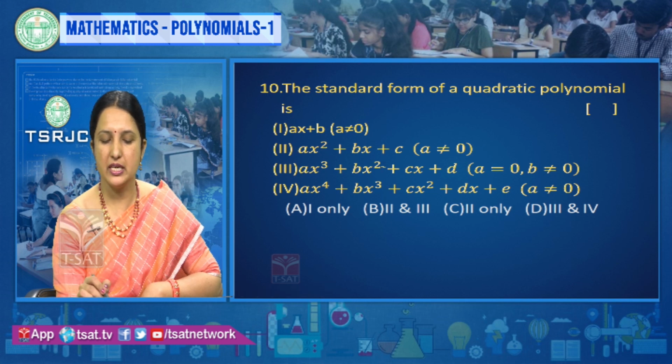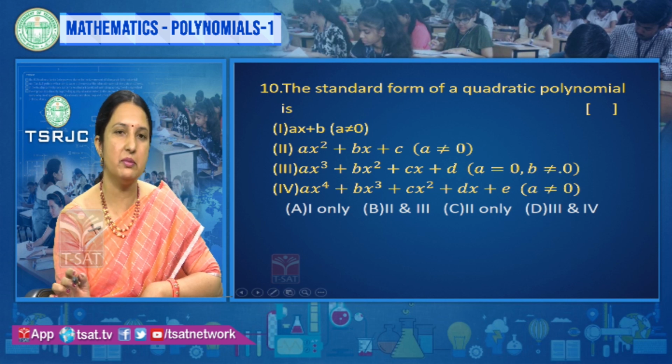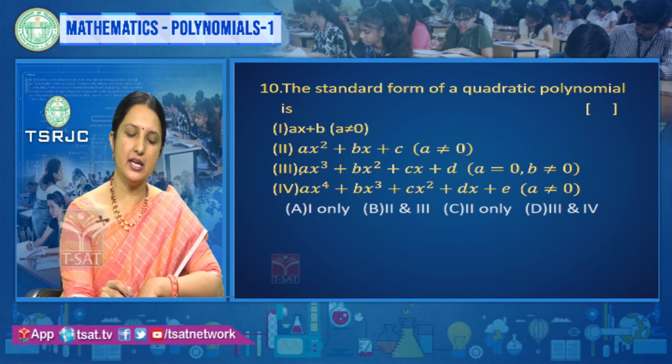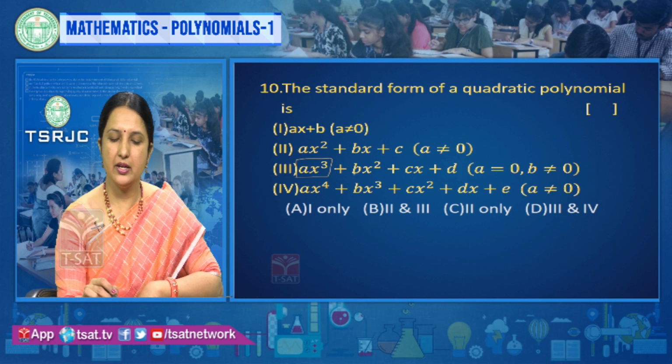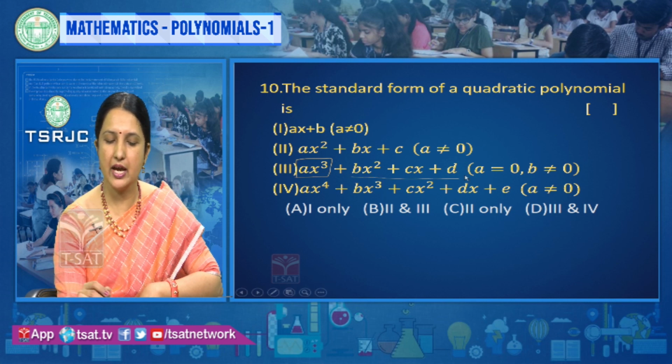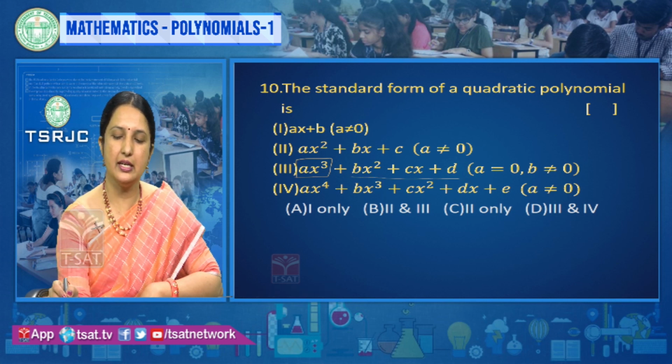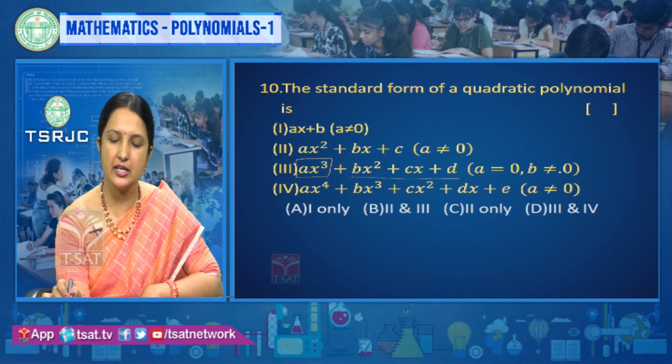Ax cube plus bx square plus cx plus d where a equals 0 and b is not equal to 0. When a becomes 0, this complete term will become 0. So this polynomial starts from bx square plus cx plus d, and here it is mentioned that b is not equal to 0. So this is also a quadratic polynomial.